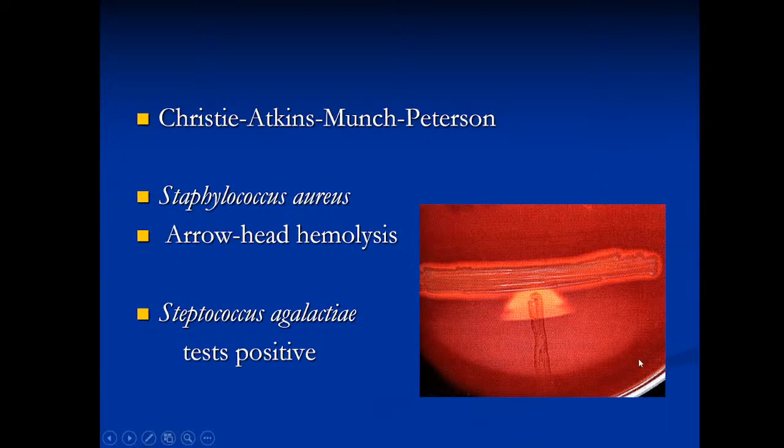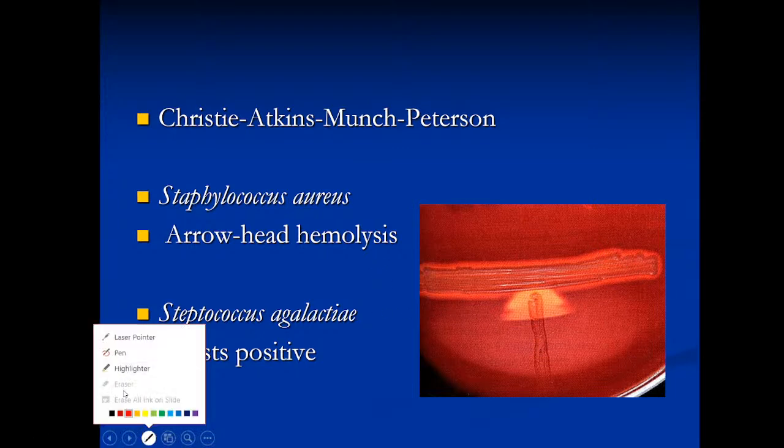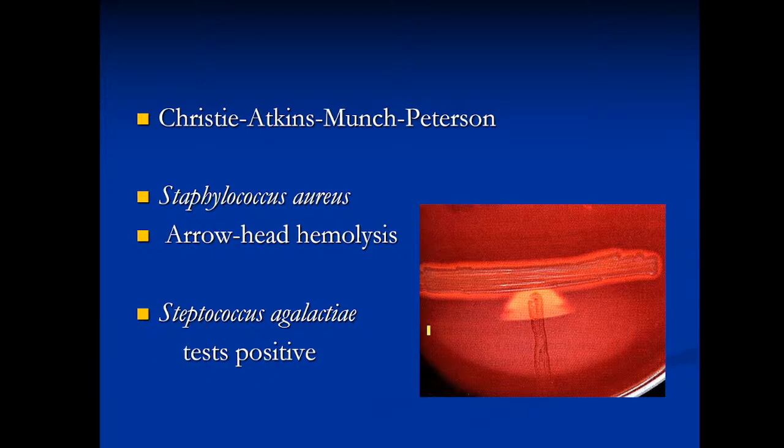All right. So the first streak that you see on top, do you guys see the mouse? I'll go and use a highlighter. You guys see this portion over here. This one over here is your control organism. This one over here is your test organism. So this is a presumptive.